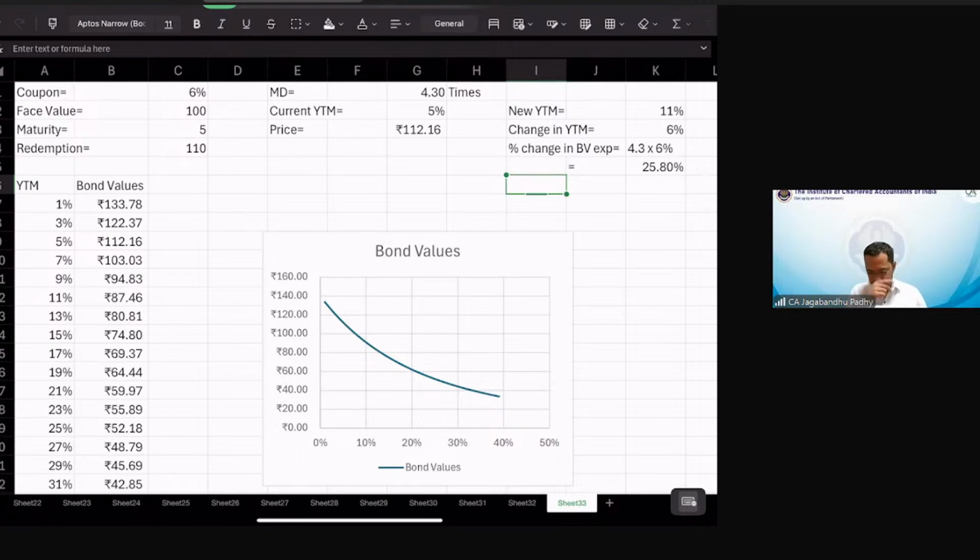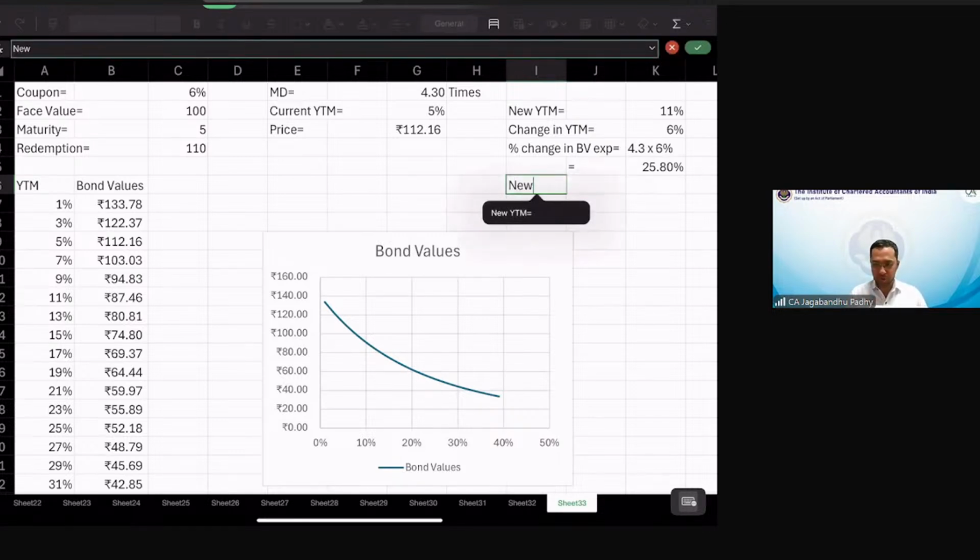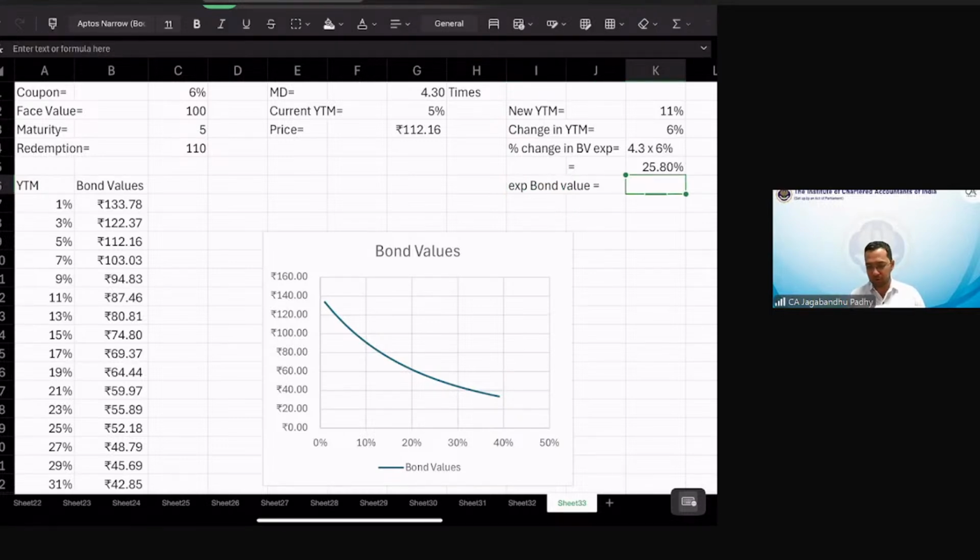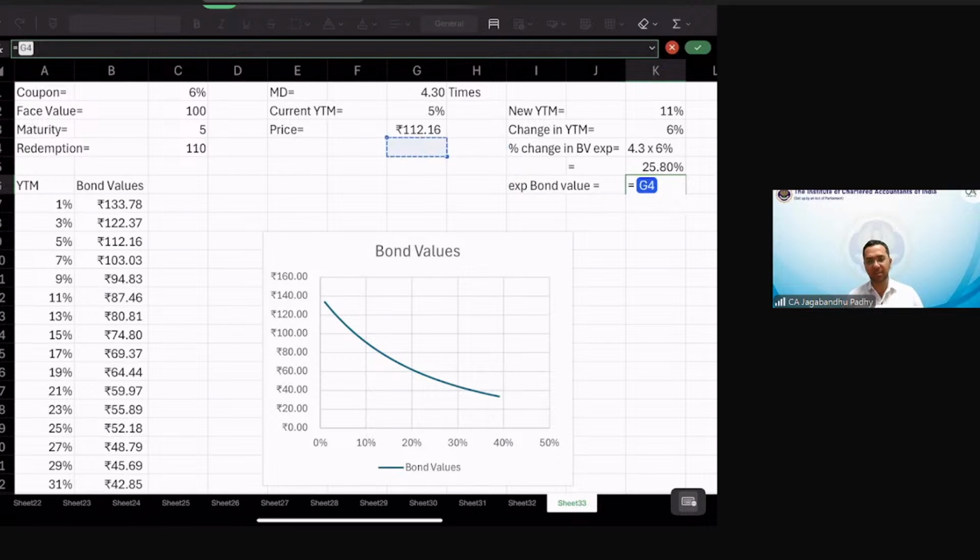So what will be the new or expected bond value? Original price was 112.16, right? So we are going to reduce it by 25.8%, 0.258.